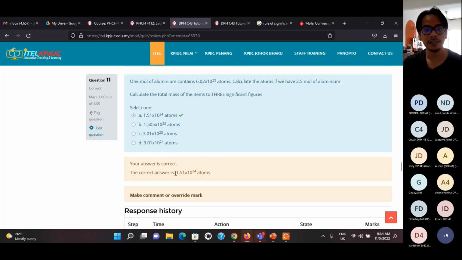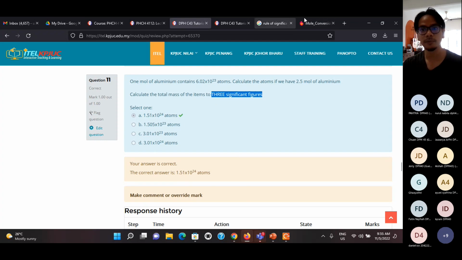The correct answer adalah 1.51 darab 10 kuasa 24. So you have to use the calculator lah. Ambil 2.5 darab dengan 6.02 darab 10 kuasa 23. Tapi kat sini kamu kena bundarkan kepada, saya bagi kat sini syarat, calculate the number of atoms to 3 significant figures.